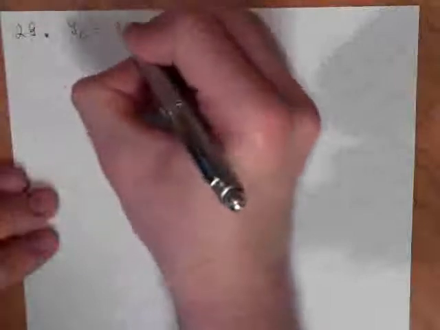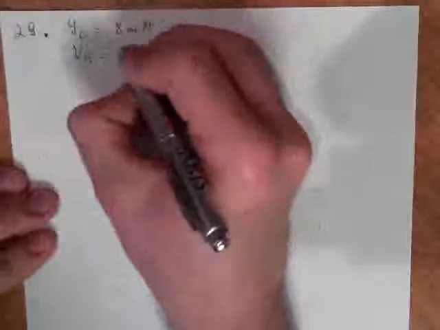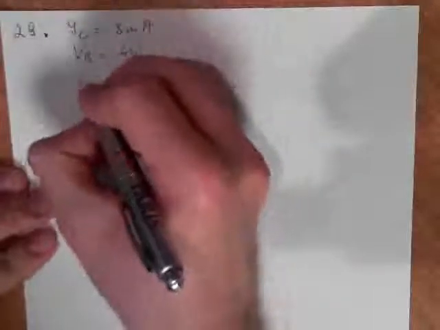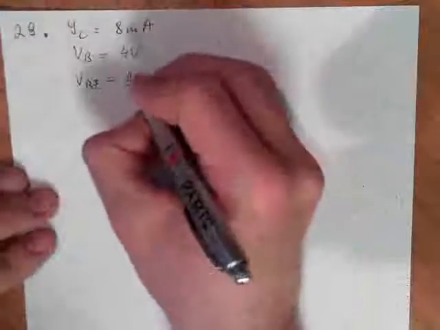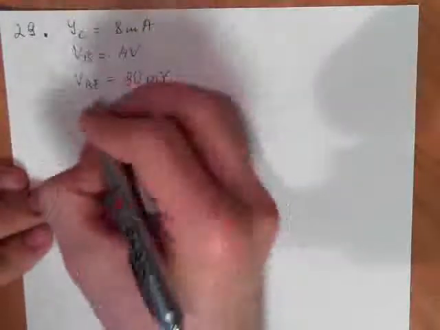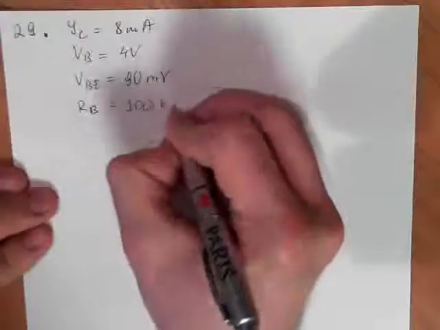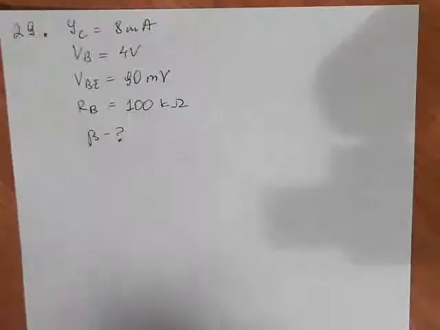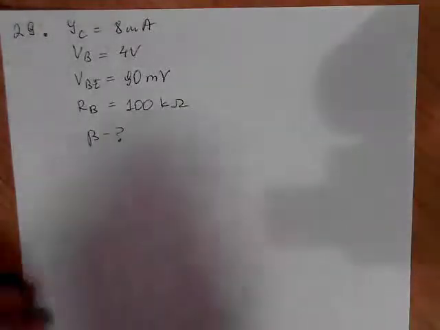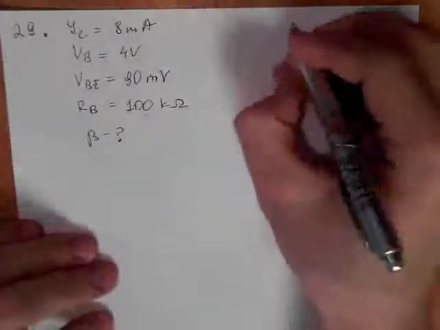It is given collector current is 8 milliamperes, base voltage is 4 volts, voltage drop on base emitter junction is 90 millivolts, base resistance is 100 kilo ohms. We need to find beta, and for this we will use equations.